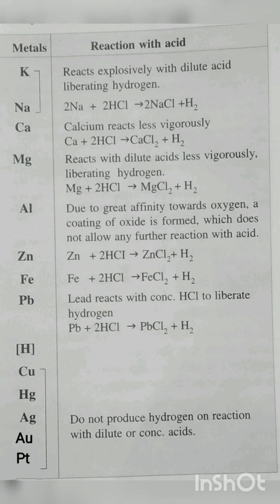Then all the metals below hydrogen in the metal activity series do not react even with concentrated acid. So only the metals which are above hydrogen in the metal activity series will react with acids, whereas the ones below hydrogen in the metal activity series do not react with any type of acids.